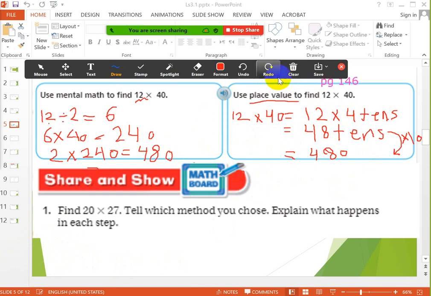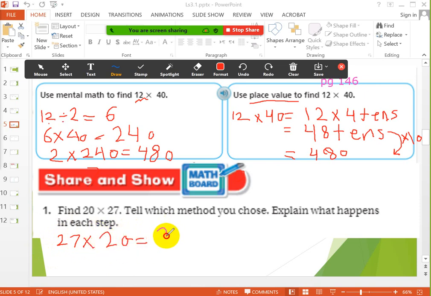So I will use the place value in this step. If I want to multiply 27 with 20, I will write this number according to the value of the number. This is a tens number.